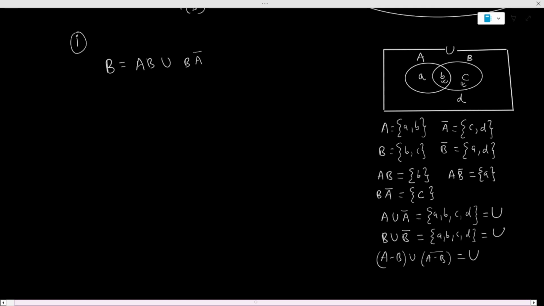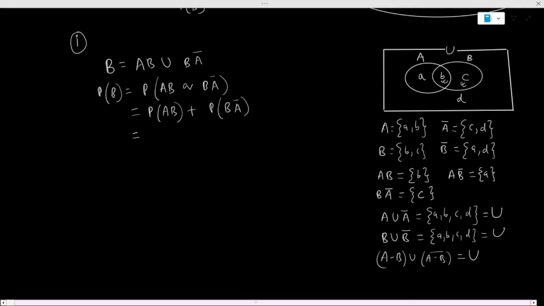And if we write it in terms of probability, the probability of B is equal to the probability of AB union, which can be written as or, B A complement. If we apply our addition rule, the probability of AB or, which is equivalent to plus, the probability of B A complement.